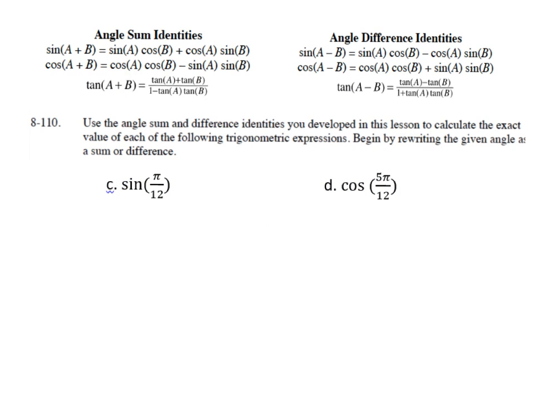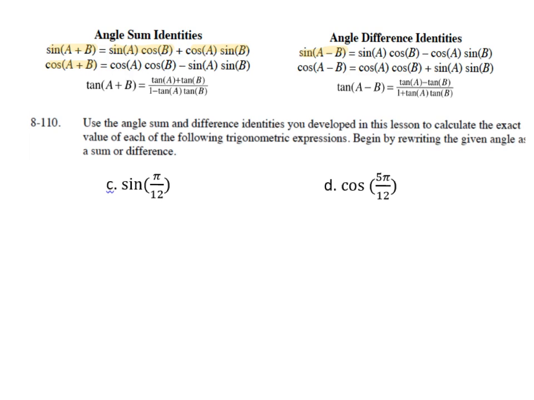Using the skills from the previous lesson, you have the sine of a plus b, and that's equal to the sine of the first angle times the cosine of the second angle plus the cosine of the first times the sine of the second. And then you've got the corresponding difference formula for sine.